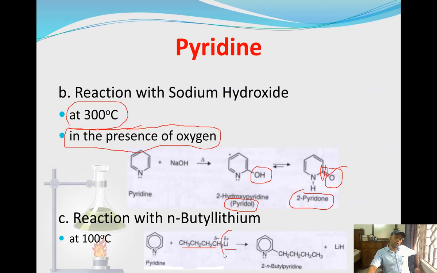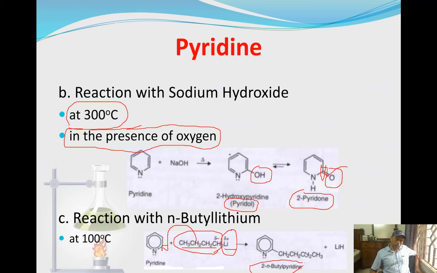Lithium will get partially positively charged, so the butyl chain is going to get partially negatively charged. Because of that, it is going to attack over here at the C2 position, and you are going to get 2-n-butyl pyridine as the product.